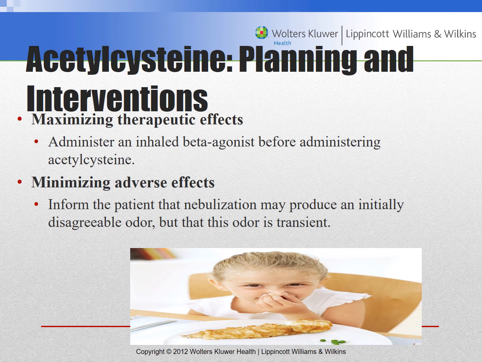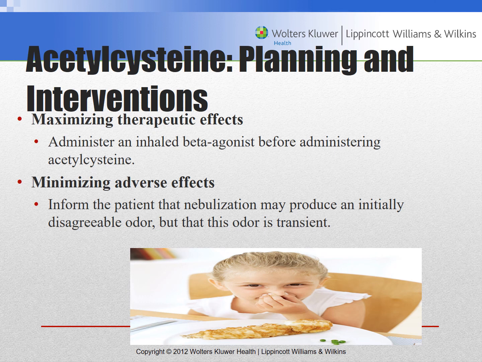And the reason we do that is so that we can open up the airway, so that the acetylcysteine can actually get down into the airways and get to the mucus. Because our goal with the acetylcysteine is to thin and liquefy that mucus. But if the airways are so constricted that we can't get the acetylcysteine down there, it's not going to be able to do its job.